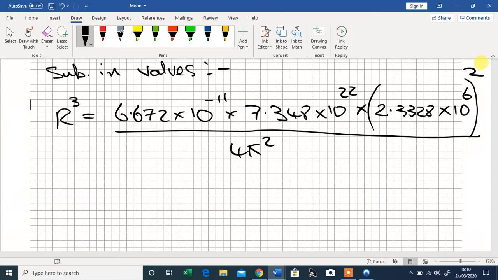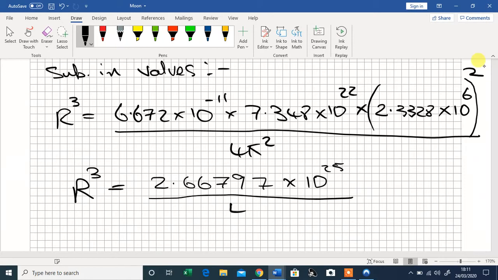And what do we get? We get r cubed is equal to 2.6679, well, we'll do it to 6 significant figures there, times 10 to the 25, and that's divided by 4 pi squared.